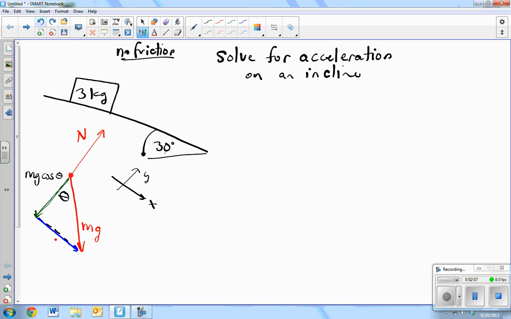And the blue side, or the x direction? mg times the sine of the angle. Once we've got those two values, we throw out the hypotenuse of the triangle. We don't want to confuse that with anything that goes in our problem now. This piece goes in the y, this piece goes in the x, and as far as we're concerned, that's all that matters.